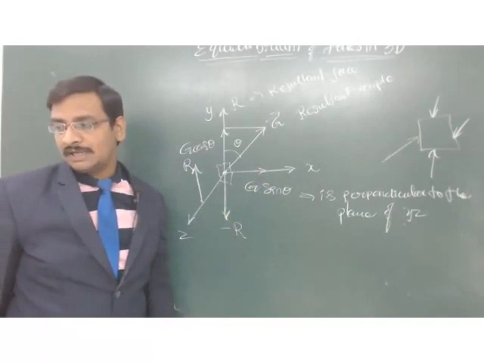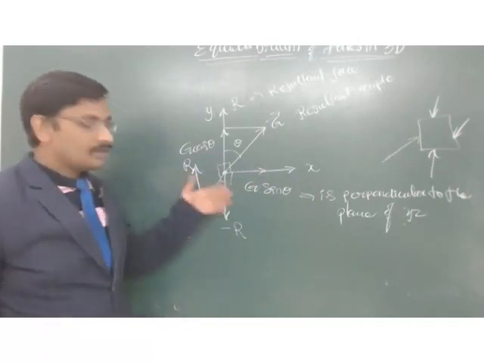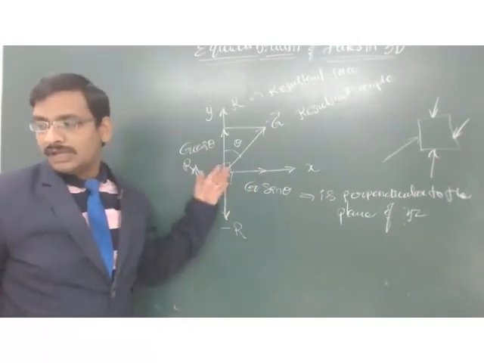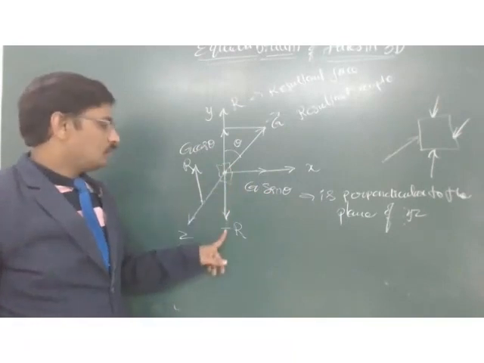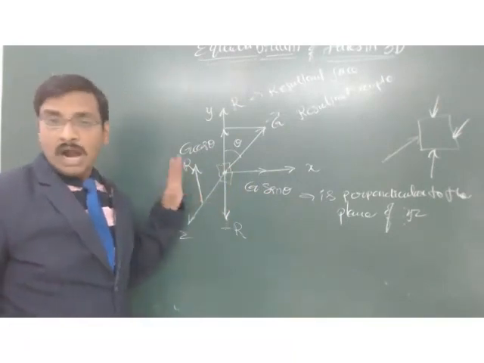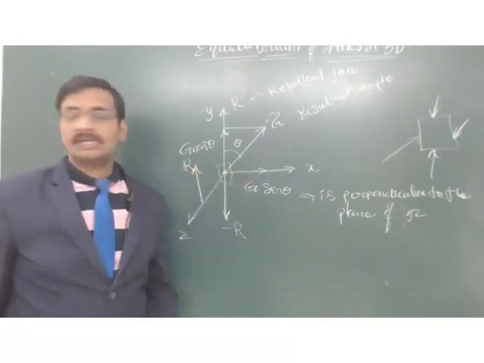but g sin theta. Since these two are on the same plane of yz, I can flexibly draw one force downwards and one force upward, whose moment is equal to g sin theta.